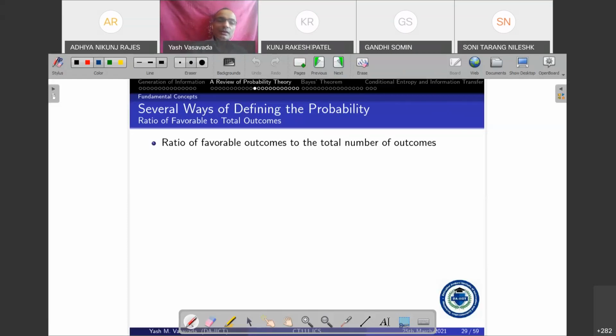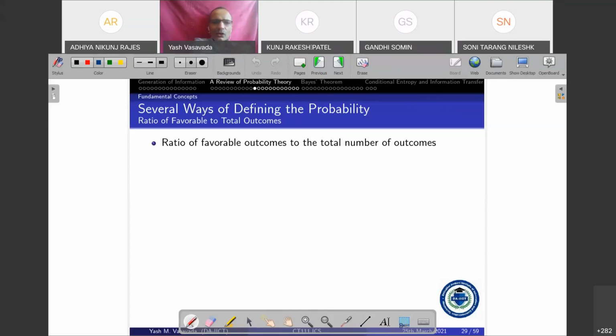But where does it start from? Well, in order for you to understand probability theory, the very first thing that you need to understand is how to define the probabilities. I think you have been studying the definition of probabilities from your early high school math courses.